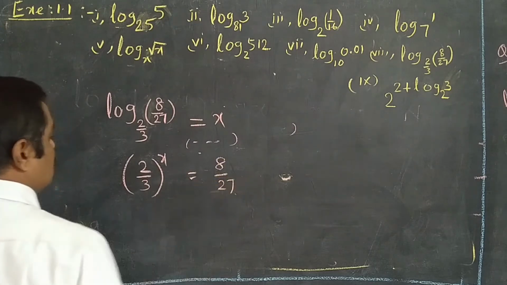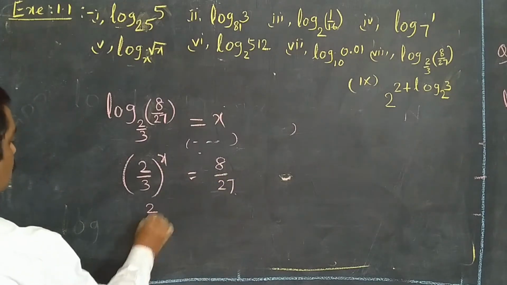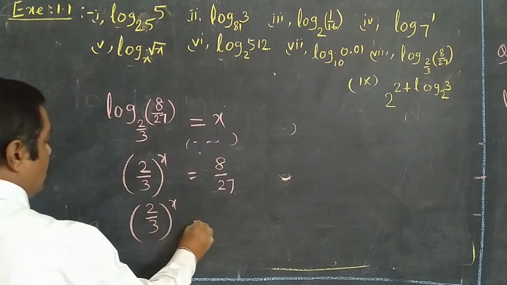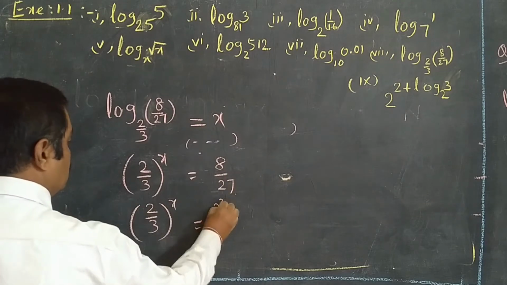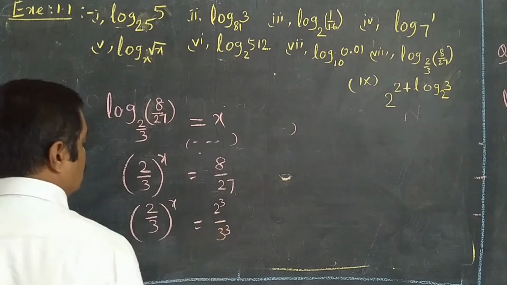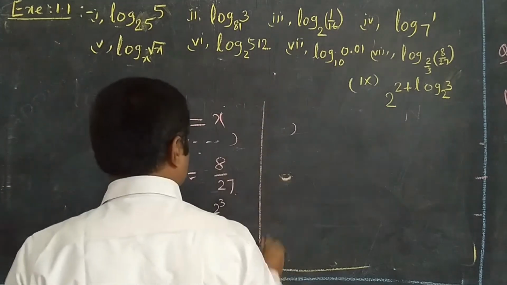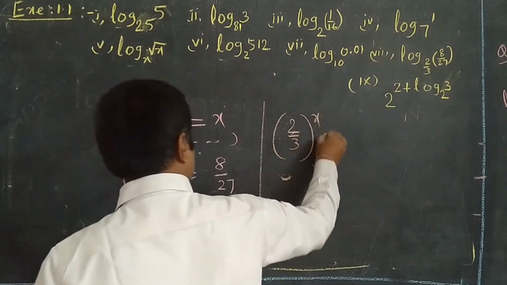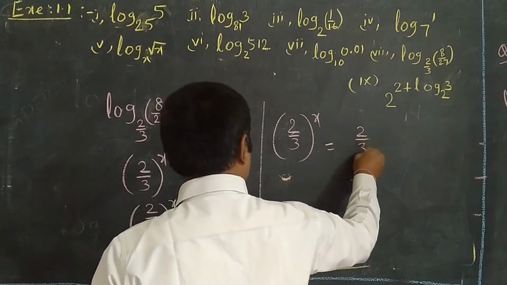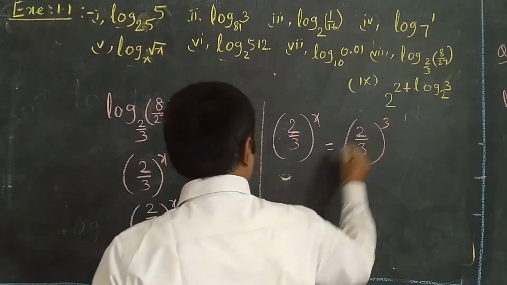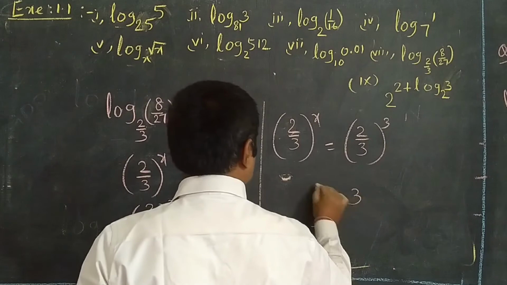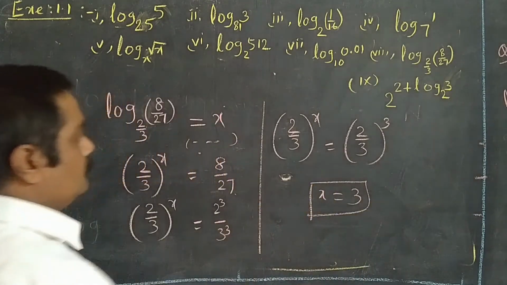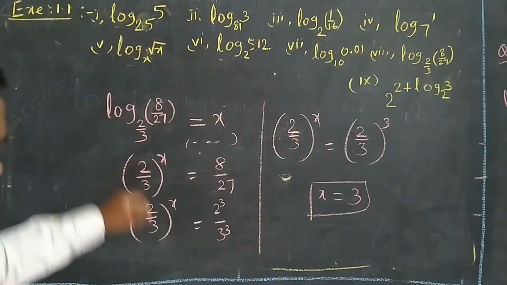Very simple question, children. 8 means 2 cube, 27 means 3 cube. So we have to write 2 by 3 whole power x is equal to 2 by 3 whole power 3. So x is equal to 3, your answer is 3. This is the method to solve problems.